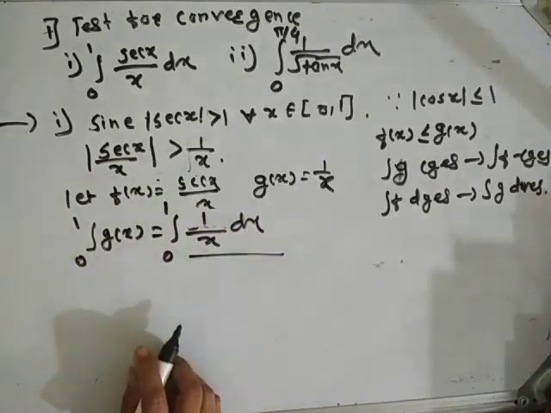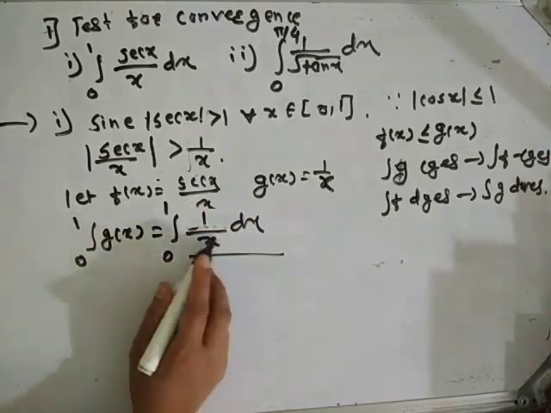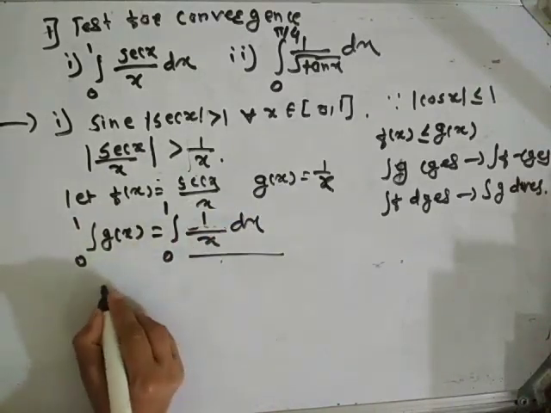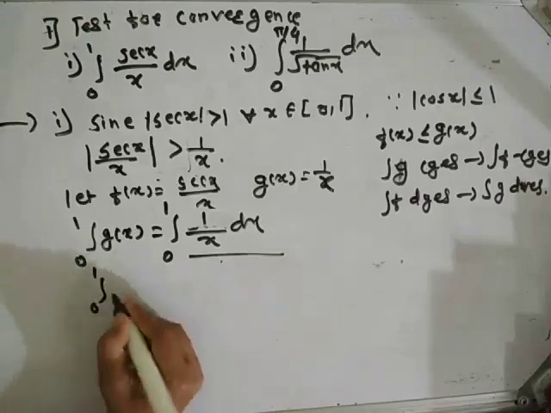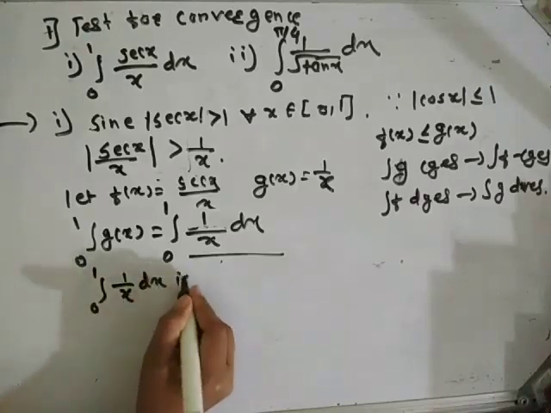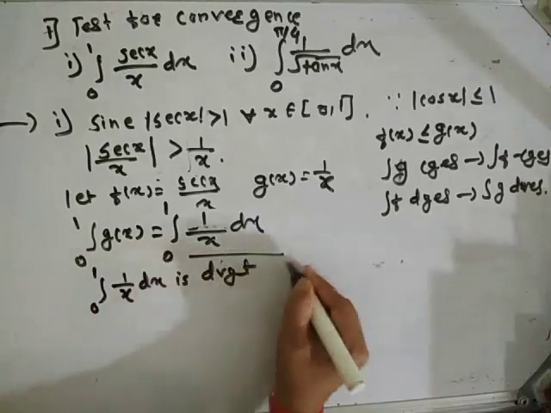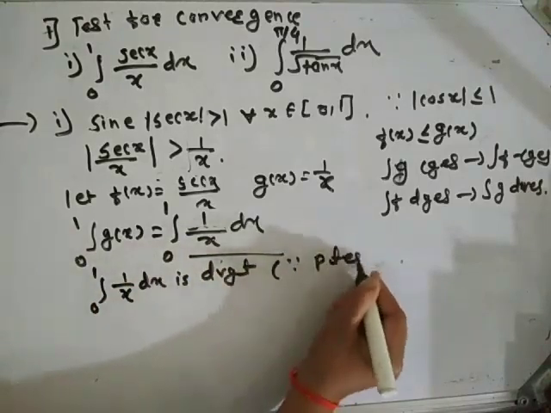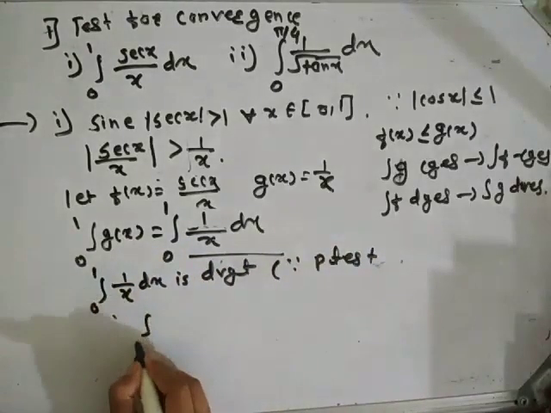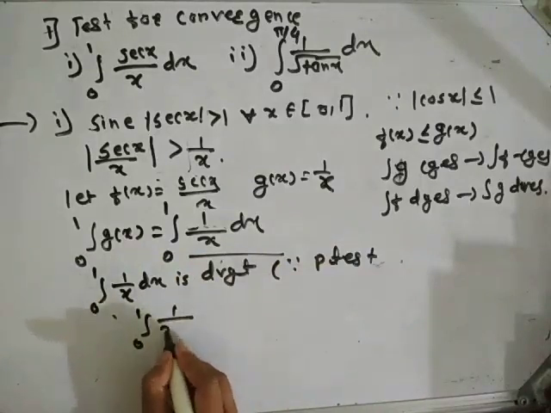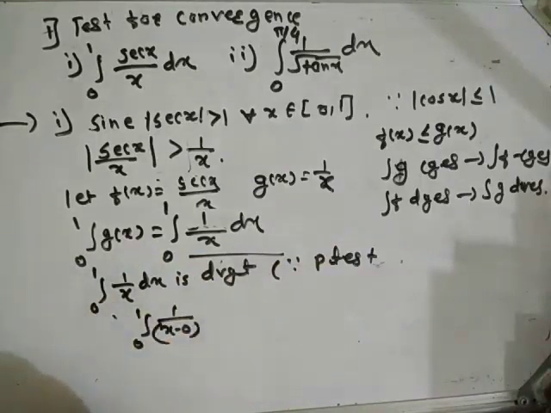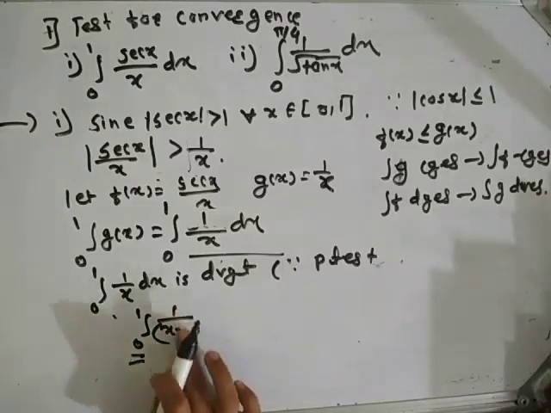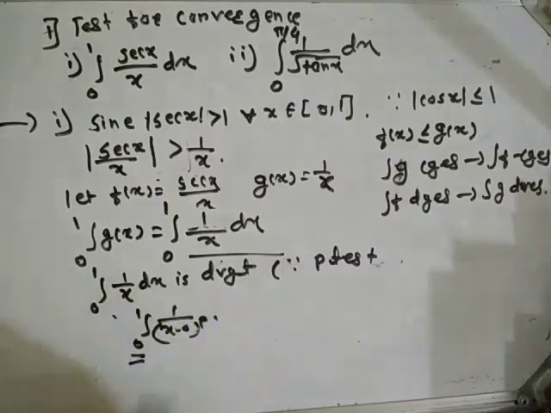this integral is divergent. Integration from 0 to 1 of 1 upon x dx is divergent. Why is this? This is by p test, because this integral is of the type integration from 0 to 1 of 1 upon x minus 0 raised to p, because this integral is unbounded at point 0.